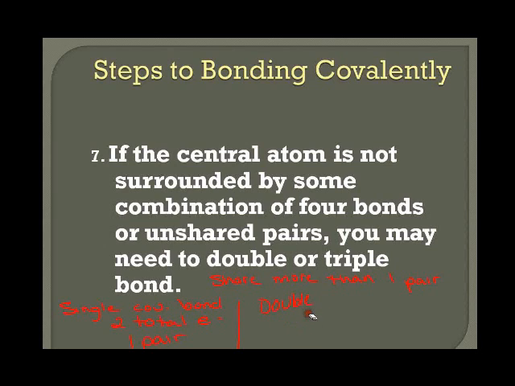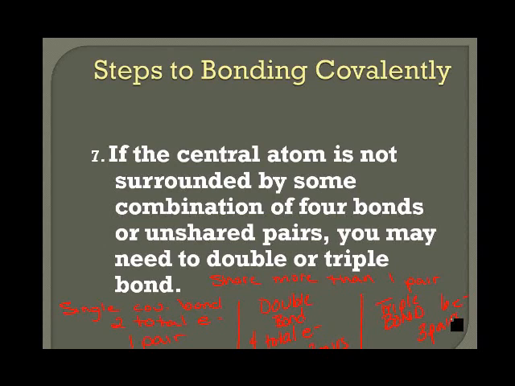A double bond has 4 total electrons, 2 pairs. And then our triple bond has 6 total electrons, or 3 pairs.